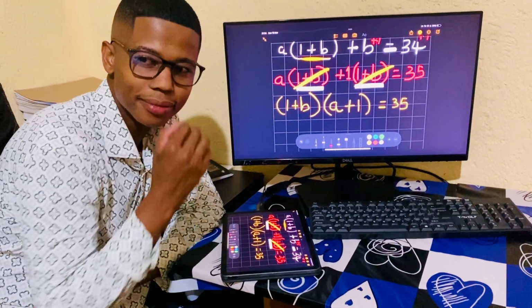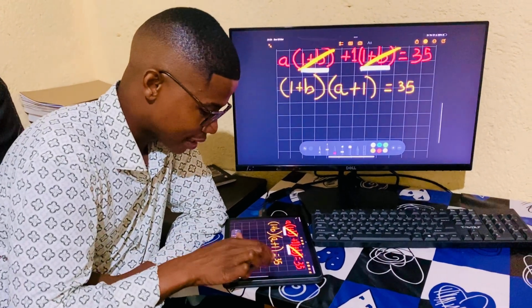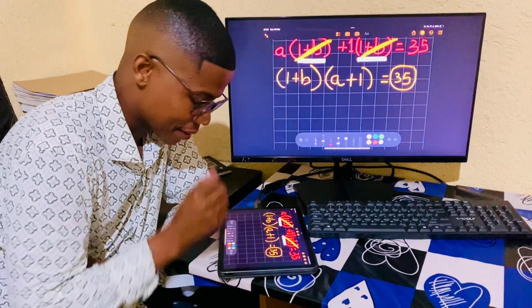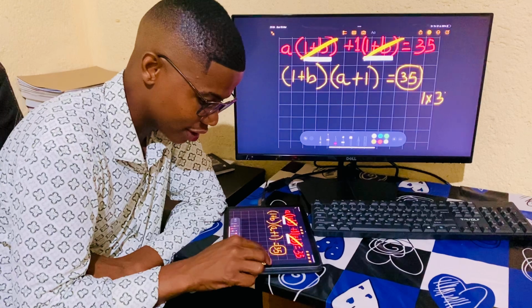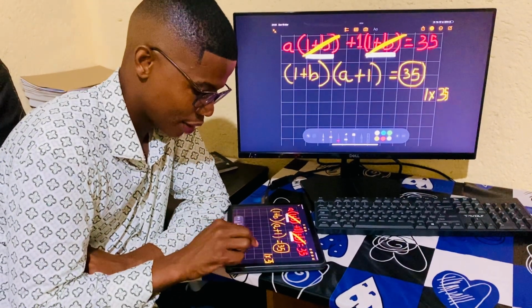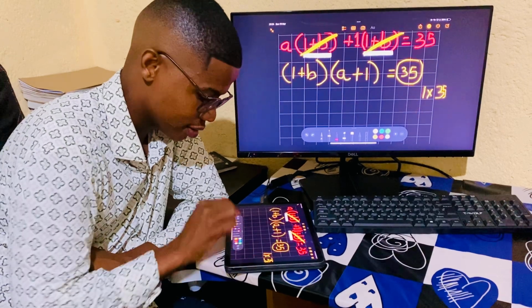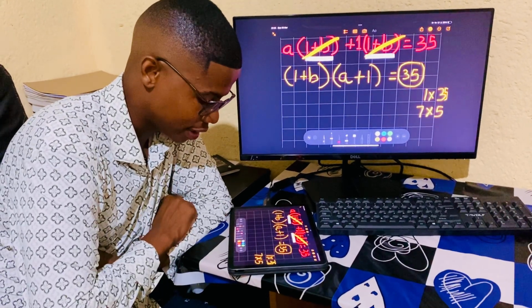Right? The interesting thing here is that 35 can be written as 1 multiplied by 35, or it can also be written as 7 multiplied by 5.